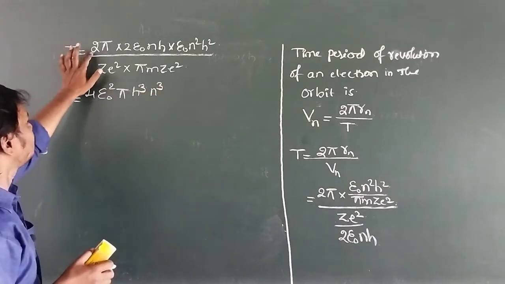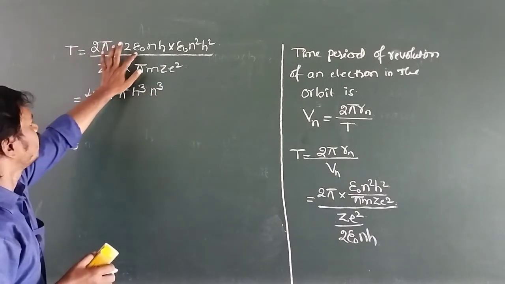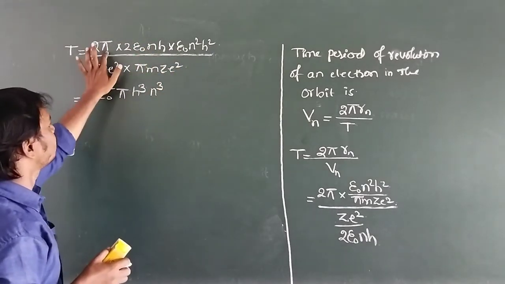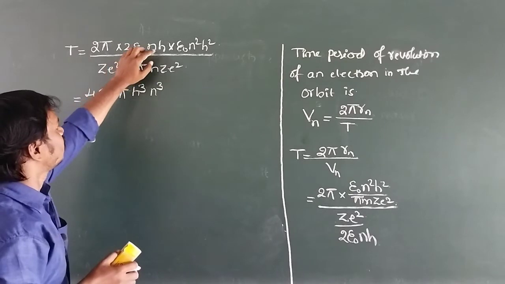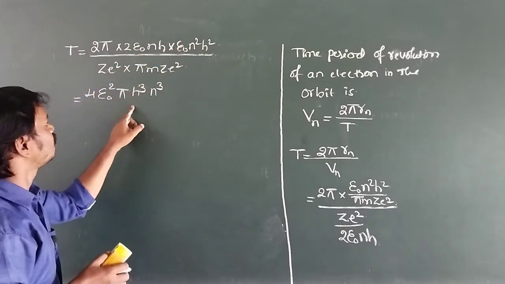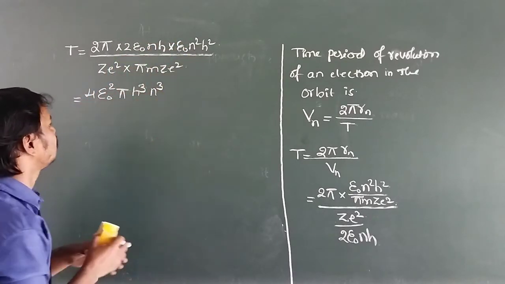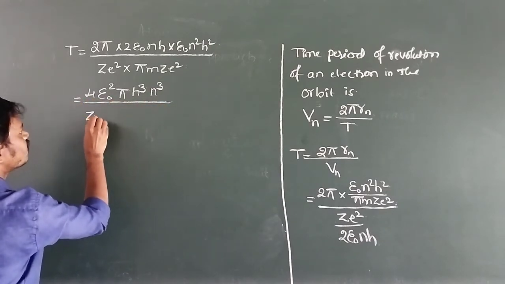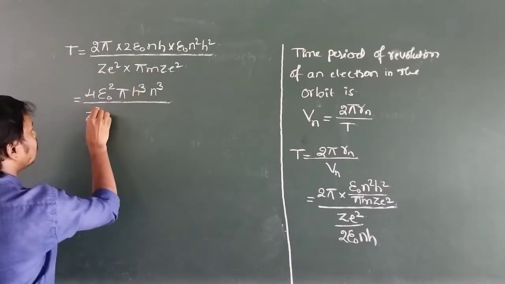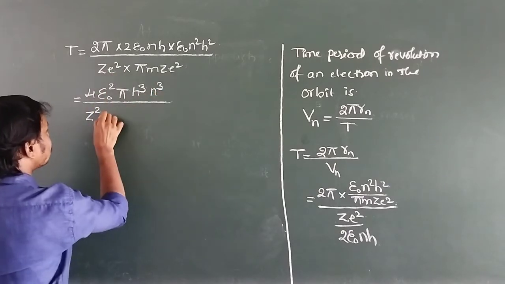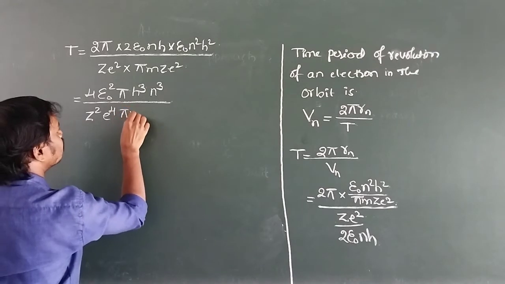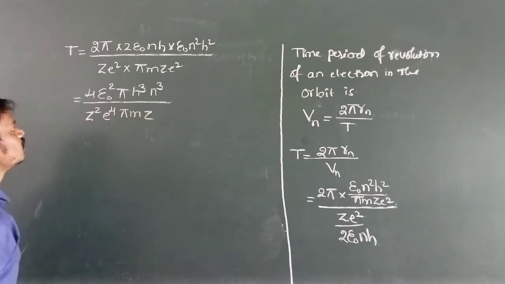See here once again, 2 into 2 that is 4, then epsilon naught into epsilon naught square, next pi as it is, next h into h square that is h cube and n into n square that is n cube, then whole divided by z square, z into z square, e square into e square that is e to the power of 4 into pi into m into z.